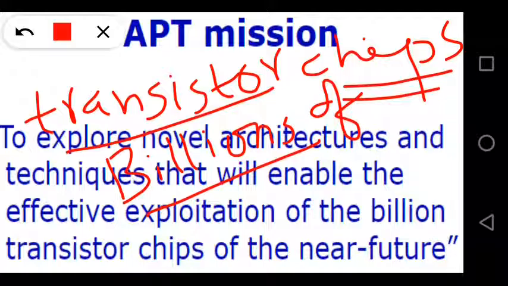So here you need to employ billions of transistor chips, which is not an easy task. You have to employ billions of transistor chips, so a single processor should have these billions of transistor chips.